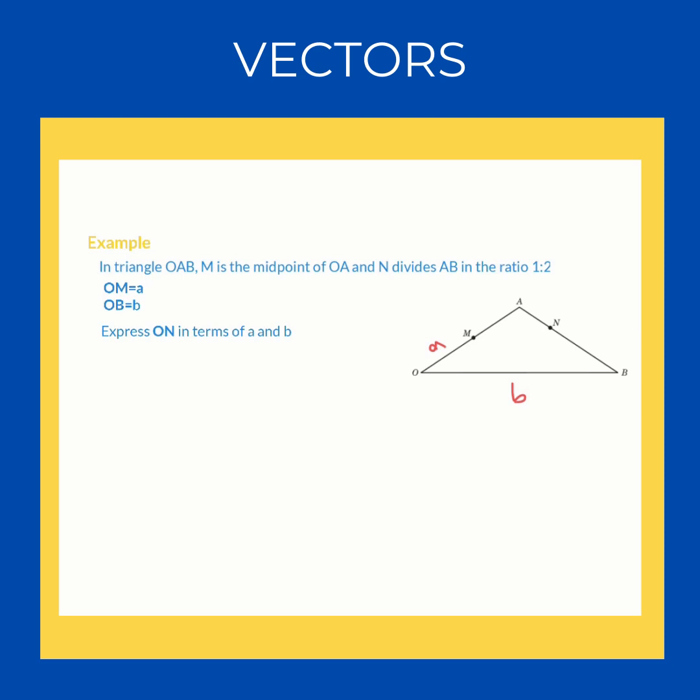So ON, to go from point O to point N, I have to go from O to M and from M to A and then from A to N. Now, since M is the midpoint of OA, if OM is a, then MA is a for sure, because M is the midpoint, which means that M divides OA into 2 equal parts.